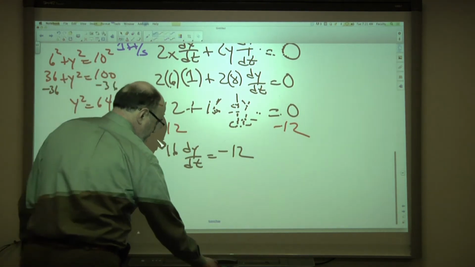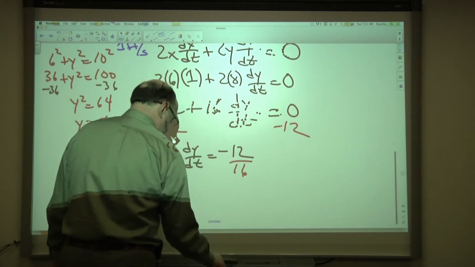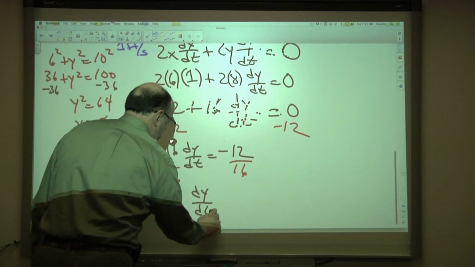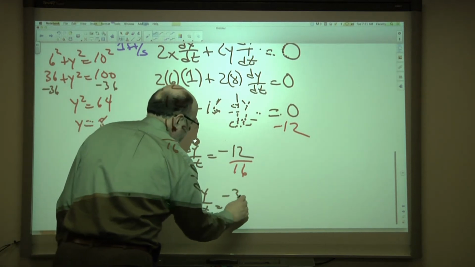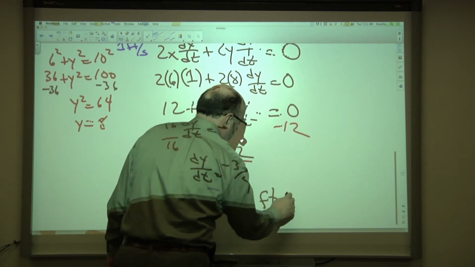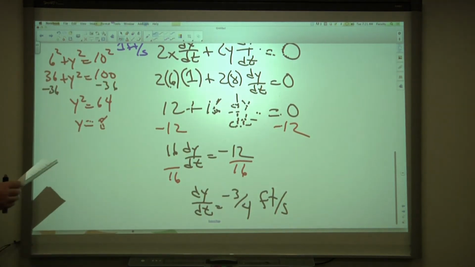The next step is to divide by 16. And we get that dy/dt is going to equal a negative 3/4 or a negative 0.75 feet per second, and negative just means that, again, it's sliding down the wall.